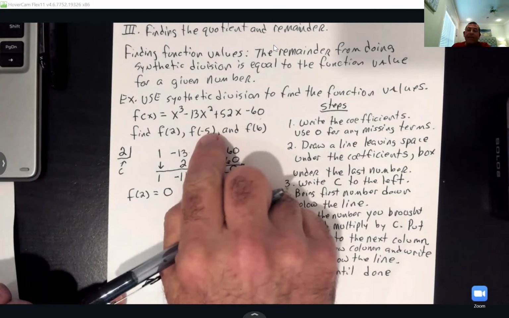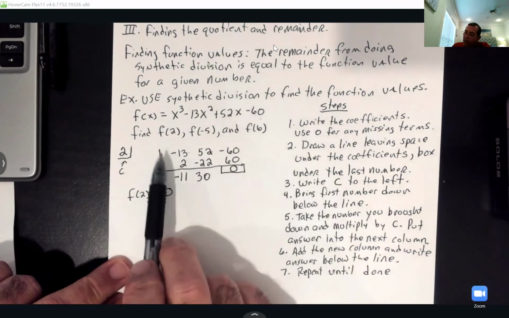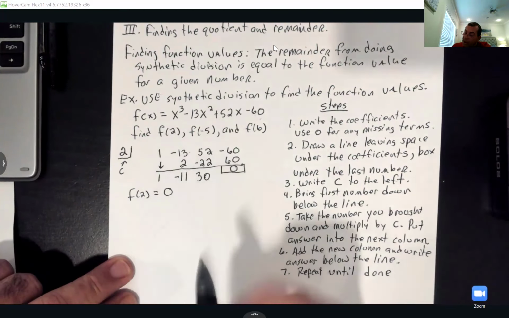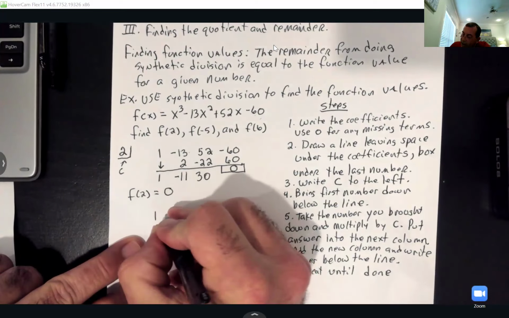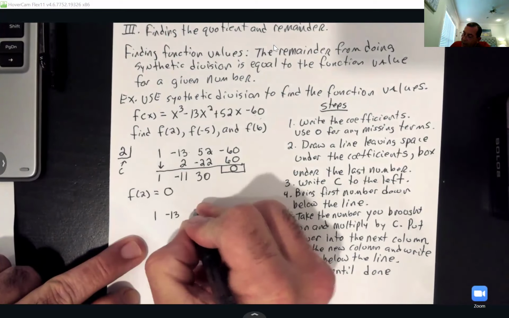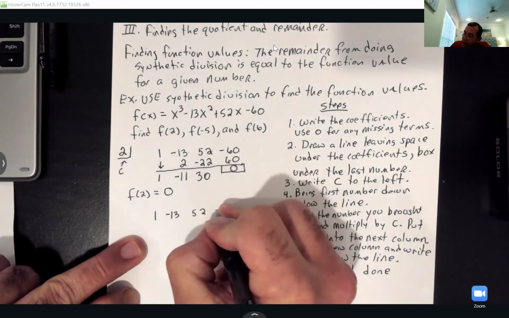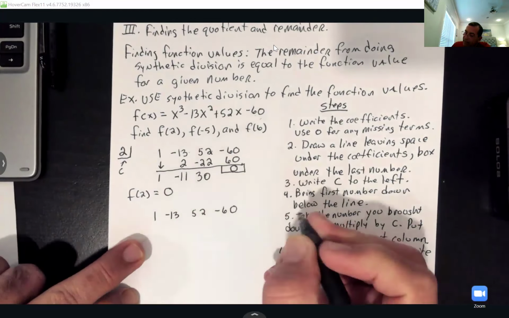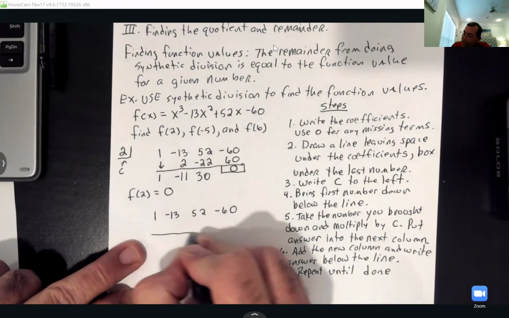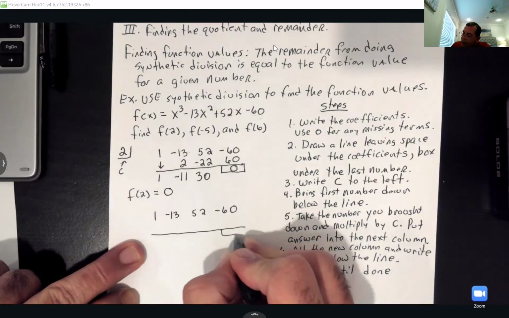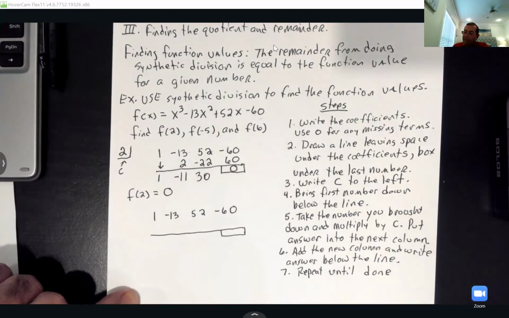Now they want me to find f of negative 5. So I'm going to use the same coefficients on this one: 1, negative 13, 52, and negative 60. I'm going to draw my line and put my box under the last number.